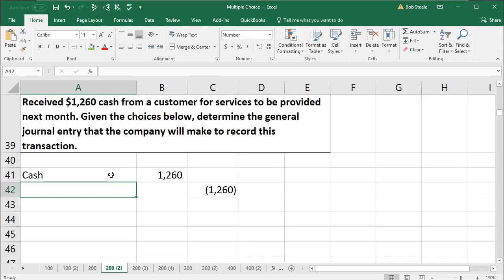So they're probably not going to ask you for cash in a multiple choice question. And we know then, at least if there's only two accounts, like there are for many of the transactions we start with, that we're going to be crediting something, and we've got to determine what we are going to credit. Now, we received cash from a customer for services, which may immediately make us think, well, we should be crediting service revenue.